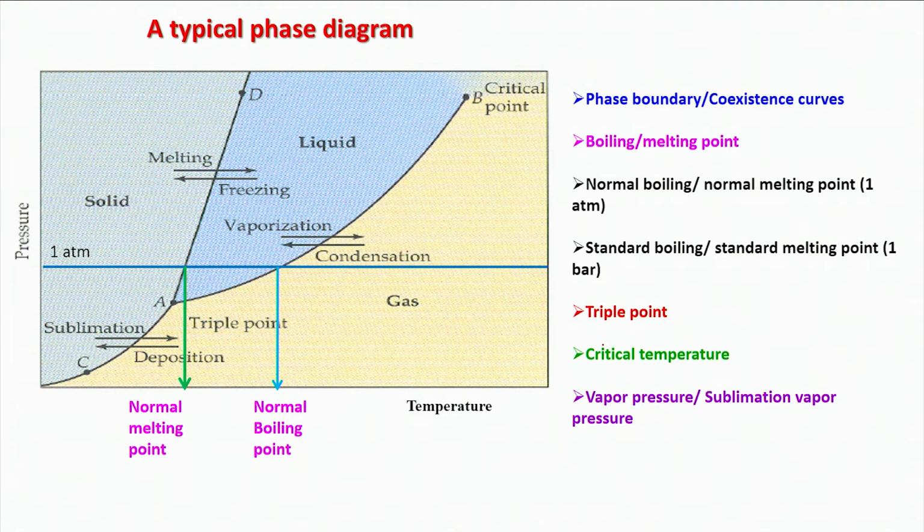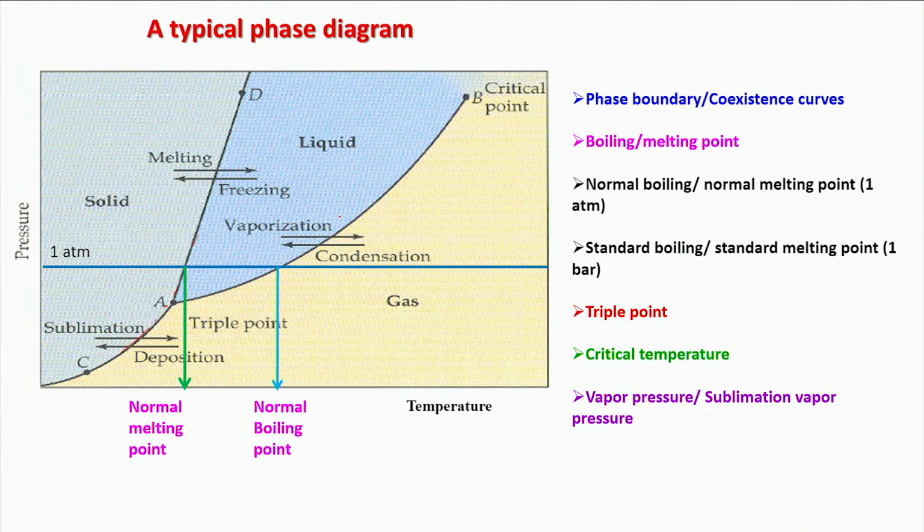First of all, I have a phase boundary or coexistence curve. So these are these solid lines that I have been talking about, which separate the single phase regions of the substance, and a point on this curve implies coexistence of two different phases of the substance at a given value of temperature and pressure.